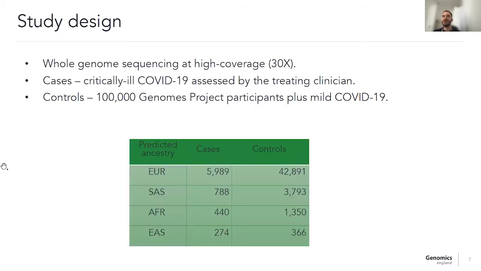Next slide. You can see here the breakdown of our numbers for cases and controls. We have worked with four major populations: European, South Asian, African, and East Asian, as we predicted their ancestry with genetic information.